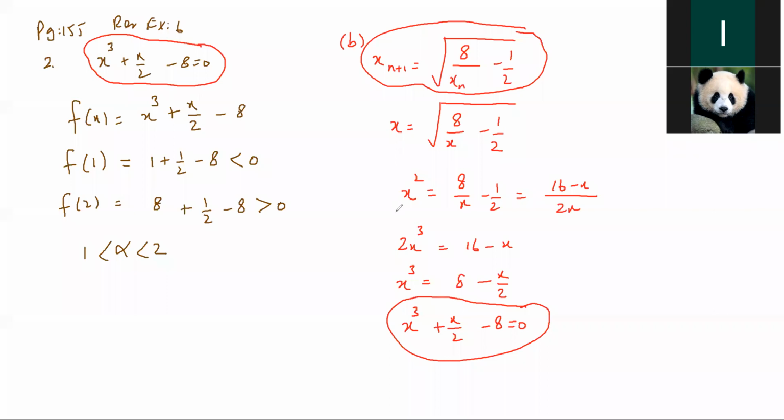Okay. And then it says use this iterative formula to determine alpha correct to 1 decimal place. Give the result of each iteration to 4 decimal places. Okay, I'll try to create some space here, so I'm just going to erase this.